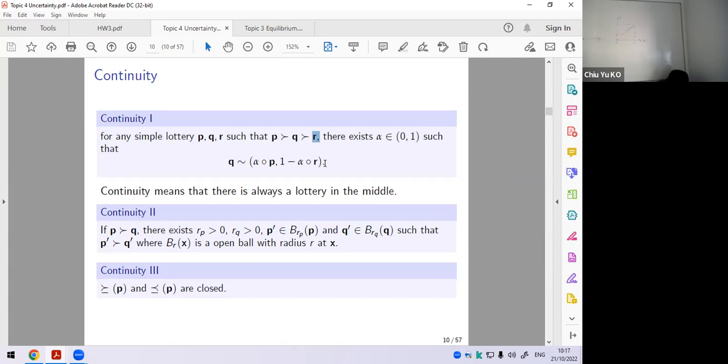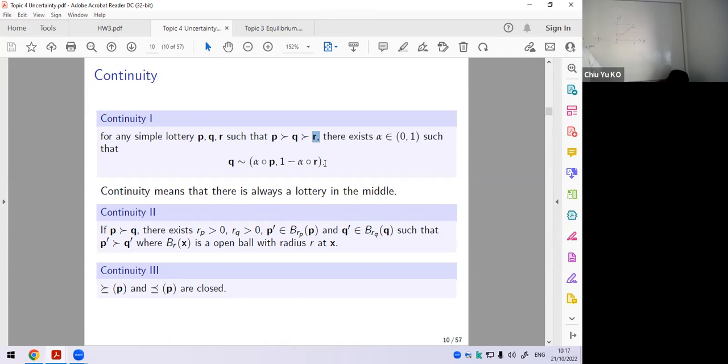So the idea is like this. When alpha is 0, it is worse. When alpha equals 1, it is good. And you keep moving, then there must be some point here that is the same.